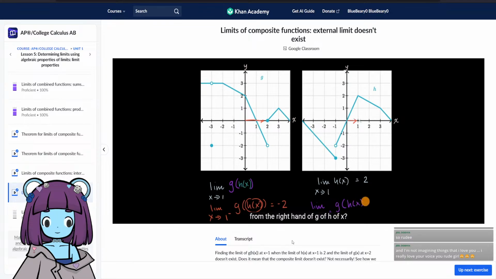Hand of G of X. Same exercise where it approaches.